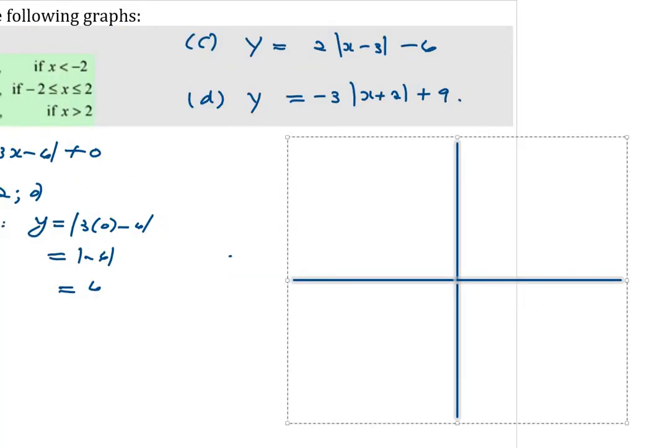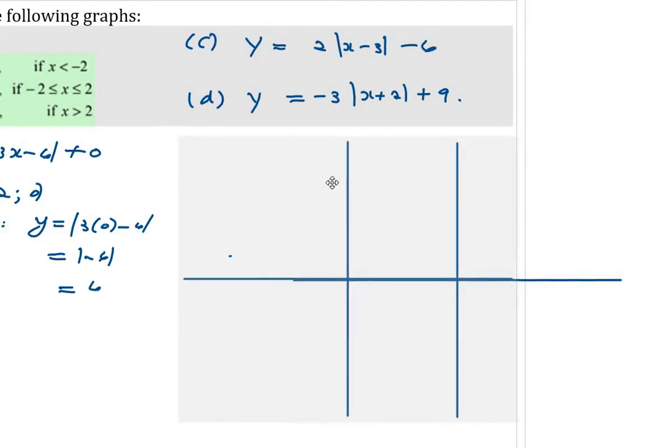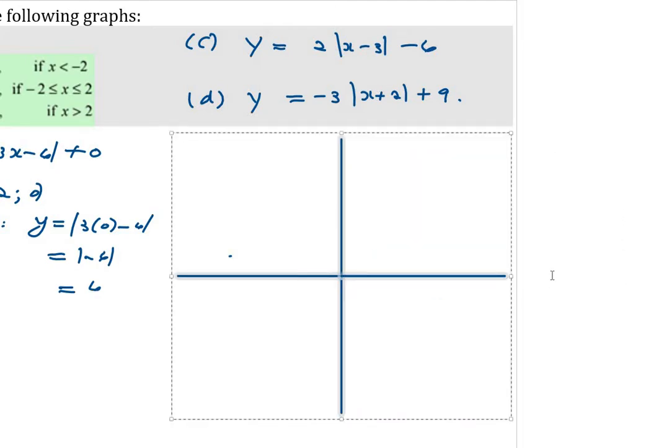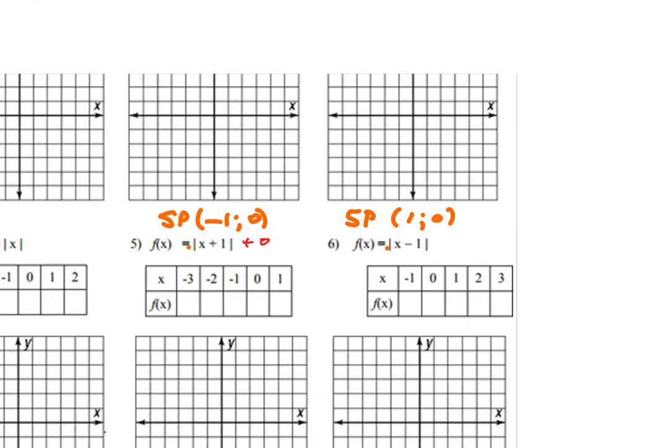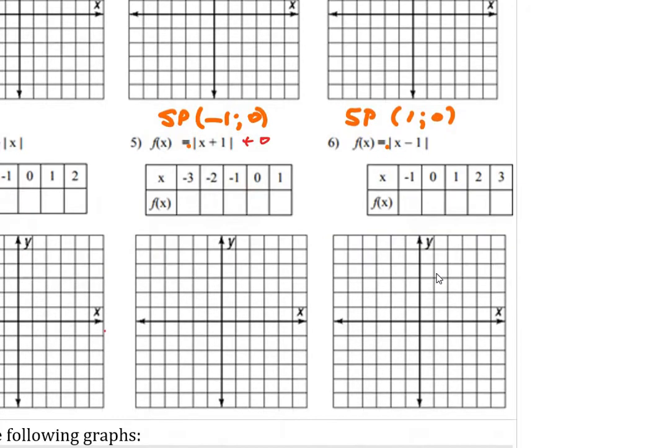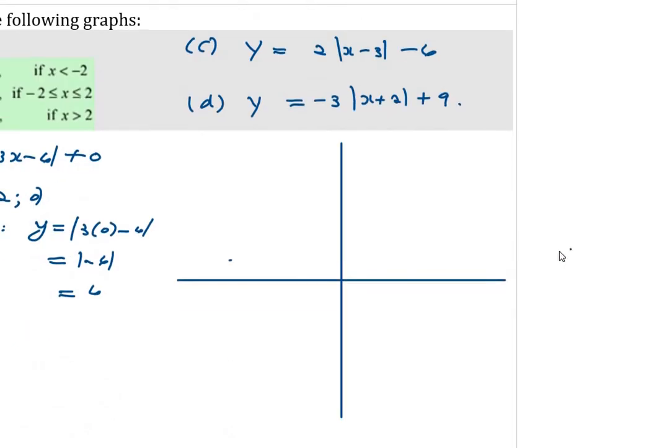Let's do it in black. Okay, sorry, just move it up again.